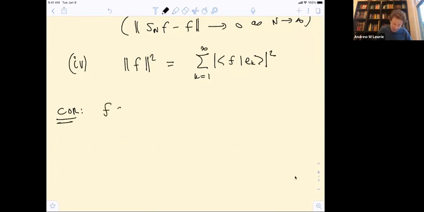If f is in L2 of the torus, then Parseval's identity holds.